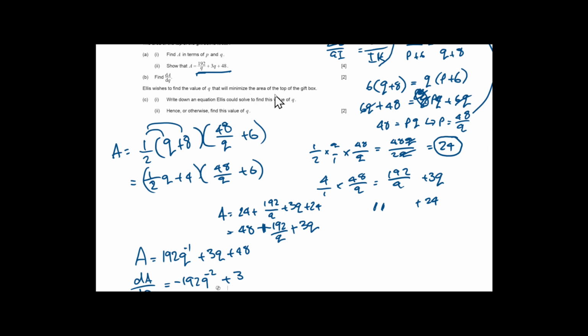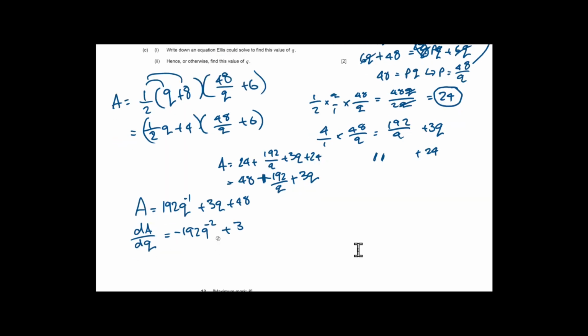We want to minimize the area of the top of the gift box, so we would set that equal to 0 and solve.